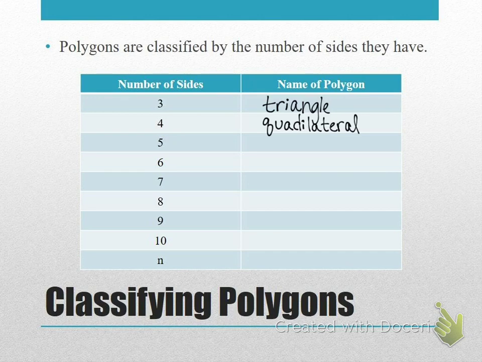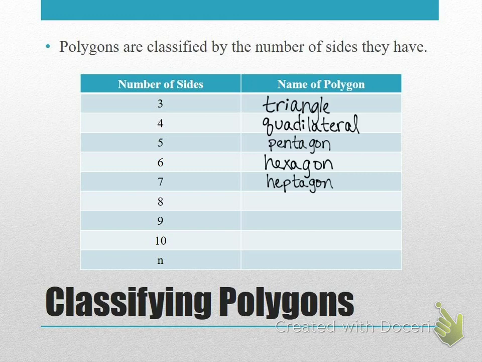Five sides, pentagon. Six sides is a hexagon. Anybody know seven sides? It's a heptagon with another H. Heptagon.